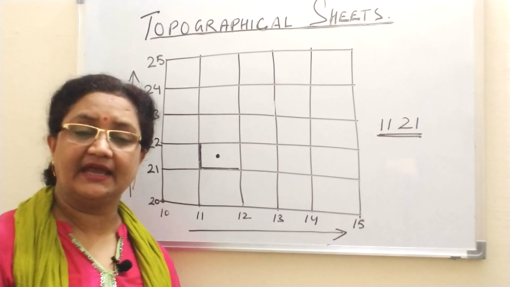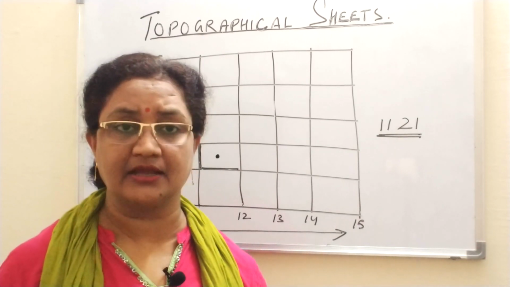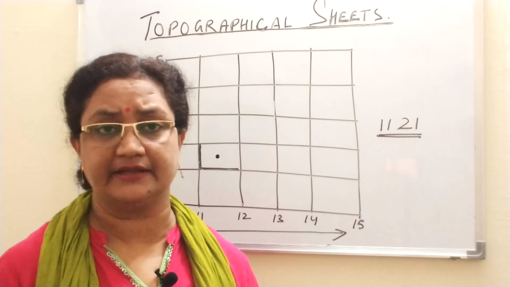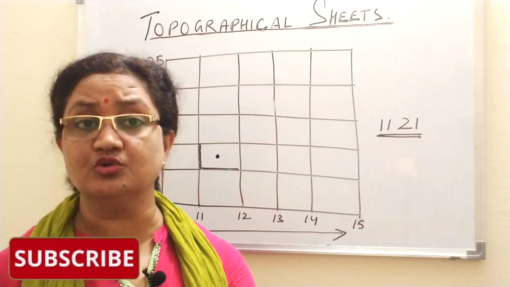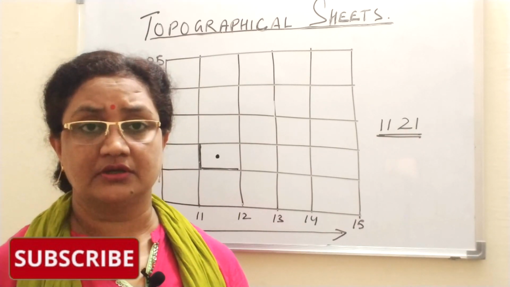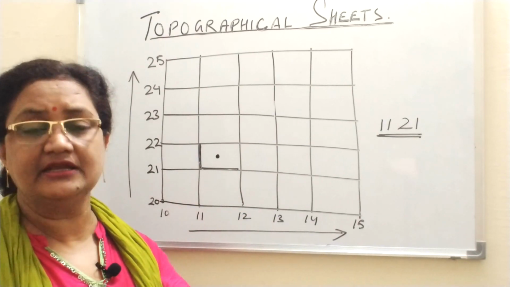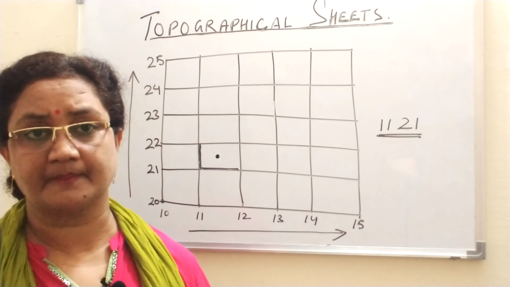This way we locate any particular place, any tank, any well, any other cultural feature or any natural feature as well. So basically, these grid lines help us to locate exactly the feature on the topographical sheet.